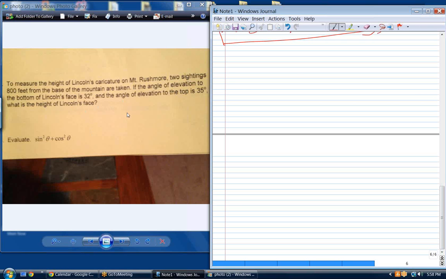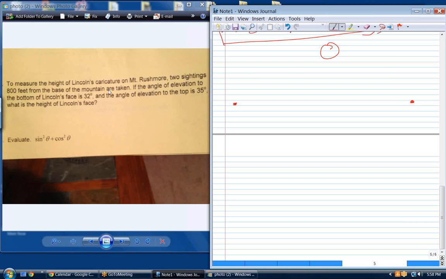Cool. Okay, so the height of Lincoln's caricature on Mount Rushmore. There's Lincoln up there on Mount Rushmore. 2 sightings from the base of the mountain are taken, one from here and one from over here. It's funny, I just had this problem with another student, a different take of it.